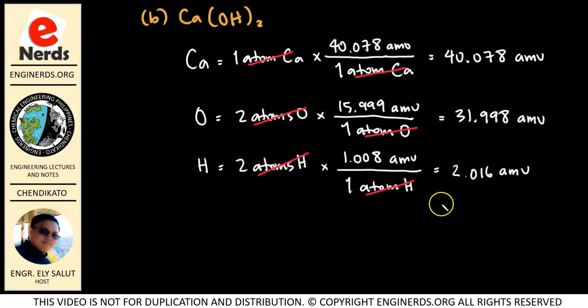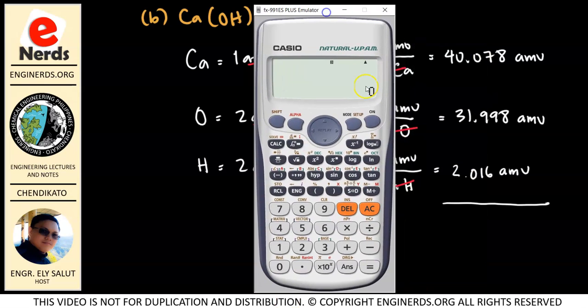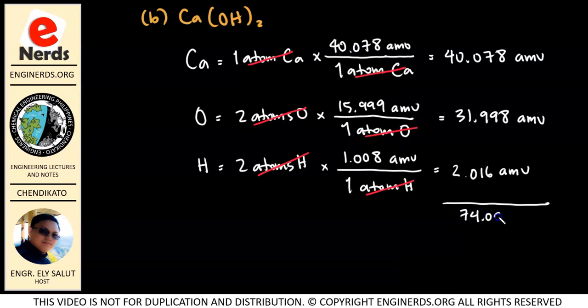Ano? So, katulad ng ginawa natin kanina, all we have to do is just to add lahat ng naging sagot natin. Ano? Okay, so we'll use our calculator para maipakita ko sa inyo how we are calculating it. We have 40.078 plus 31.998 plus 2.016, which is equal to 74.092 atomic mass unit.